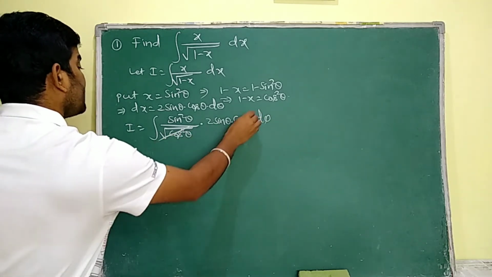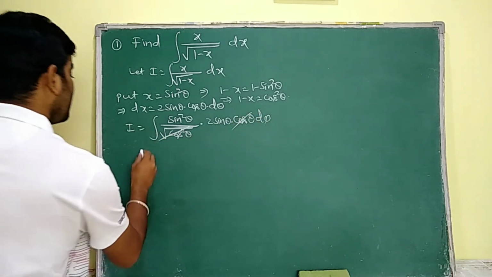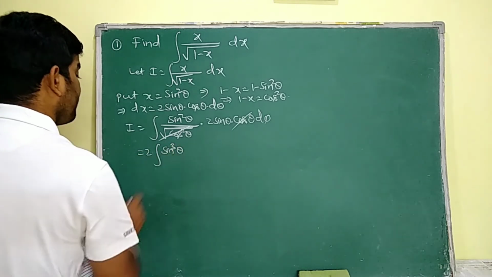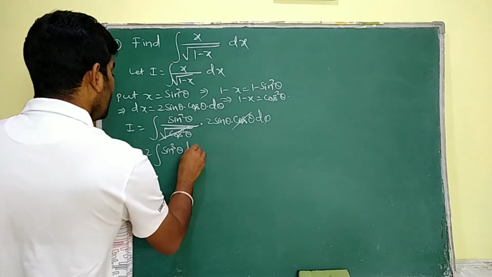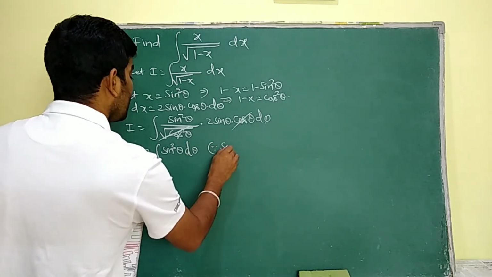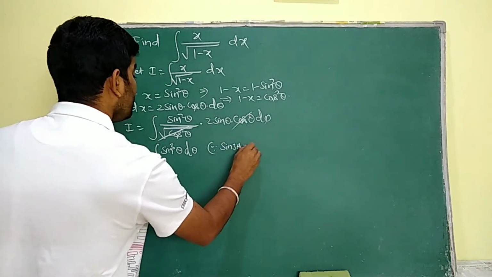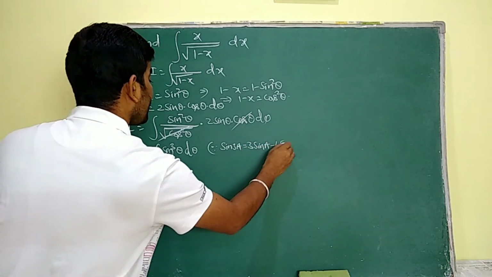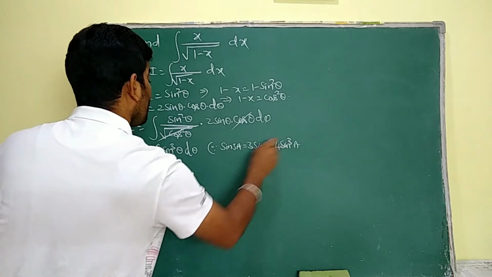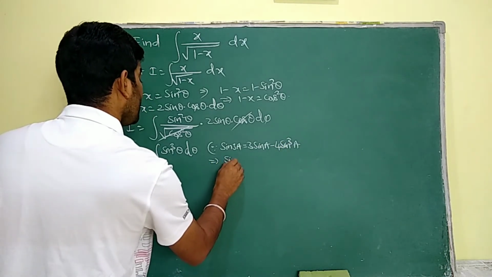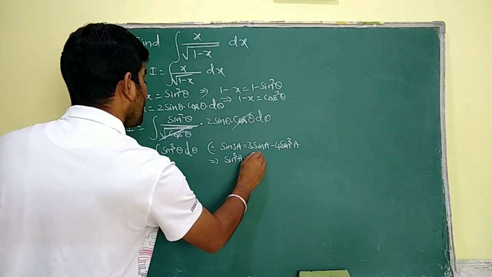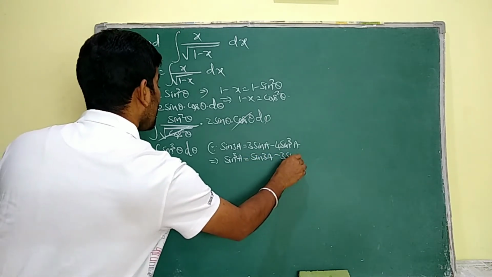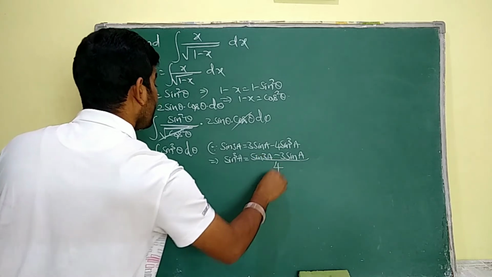Here root cos square theta and cos theta are cancelled, and taking 2 out, this becomes 2 times the integral of sine cube theta d theta. We know that sine 3a is equal to 3 sine a minus 4 sine cube a. By this, sine cube a is equal to (sine 3a minus 3 sine a) by 4.